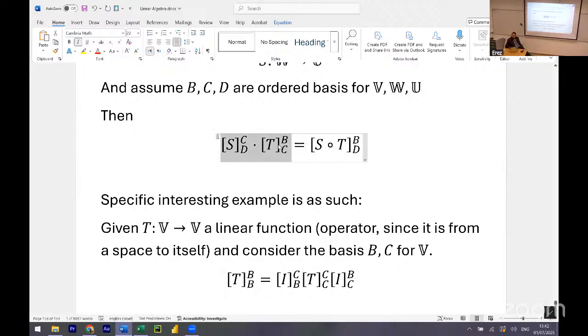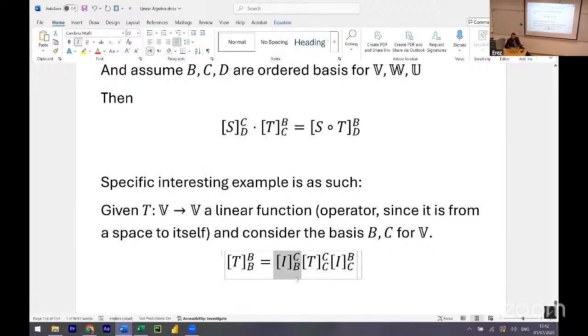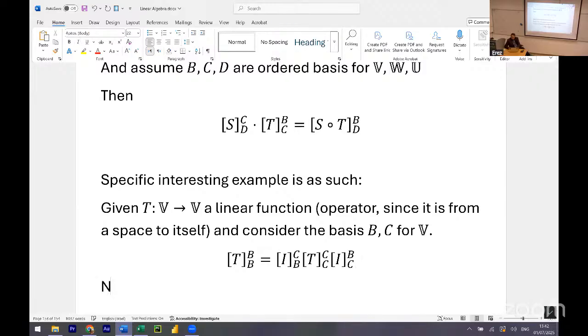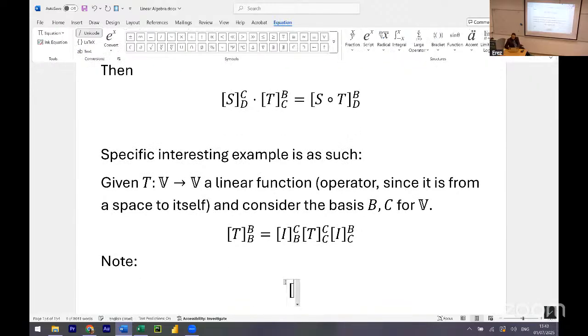Yes, Thomas? How can you have an identity between bases? It's the same. What do you mean? You're speaking about this matrix? Yeah. Let's look at it for a second. If you take this matrix and you multiply it by the coordinates of some vector V according to C, what will the output be?